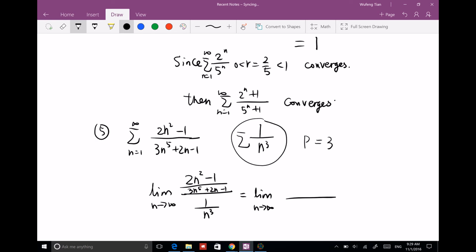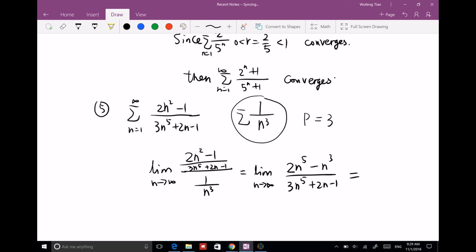You put it on the top, so it's 2n squared times n cubed is 2n to the power 5, minus 1 times n cubed is n cubed, and then you have 3n to the power 5 plus 2n minus 1. That's the reason why I say it's much simpler for us, because all of this 2n minus 1 doesn't really change anything. It does not really affect the limit as n goes to infinity. It's just the coefficient of the n to the power 5.